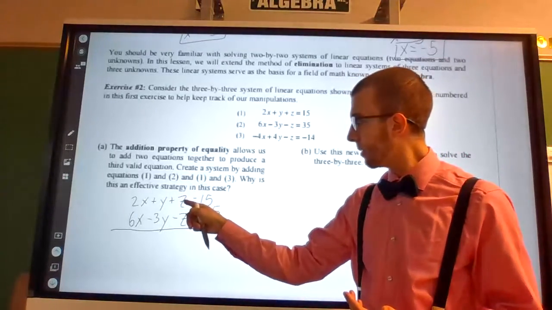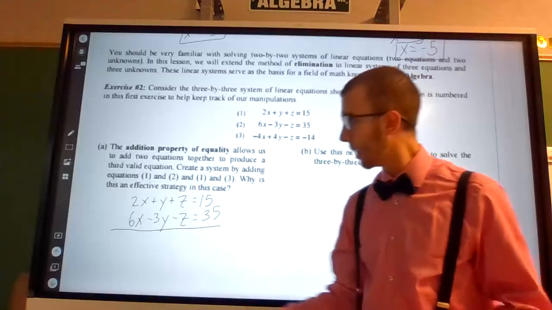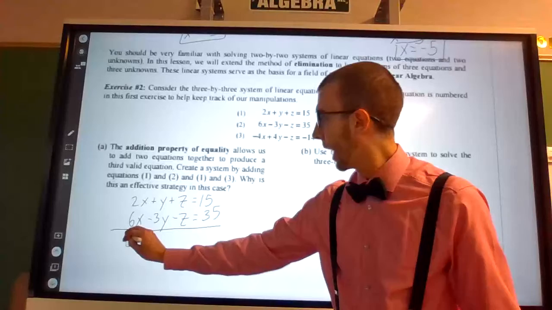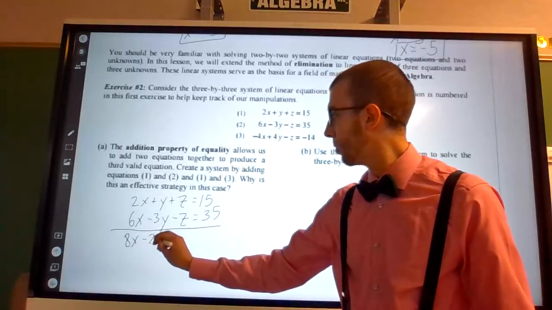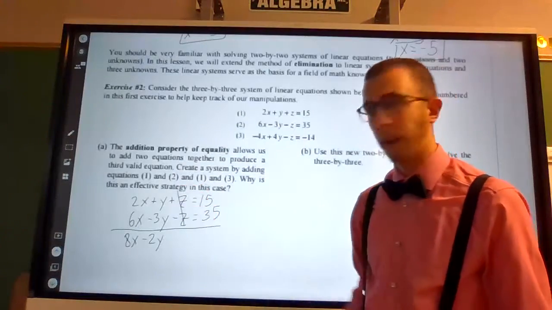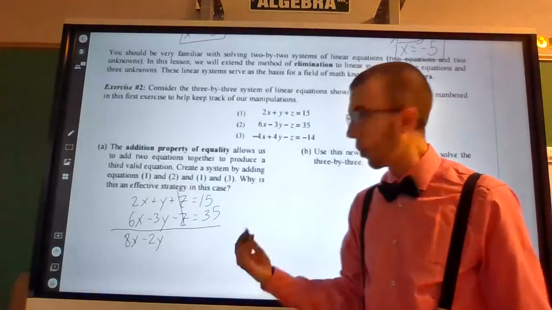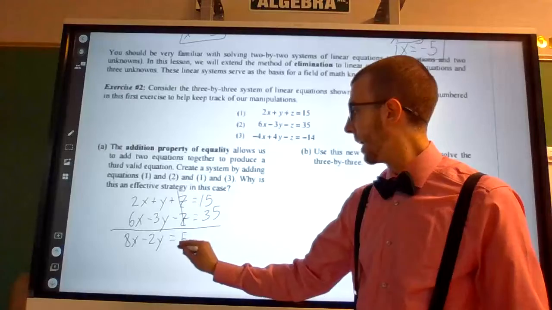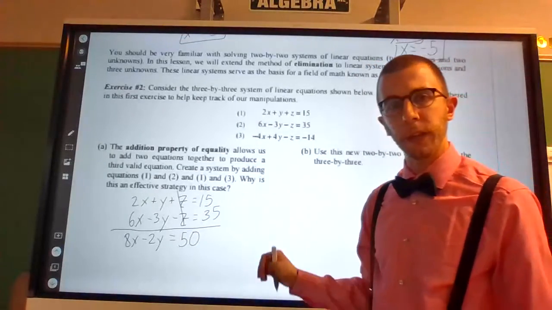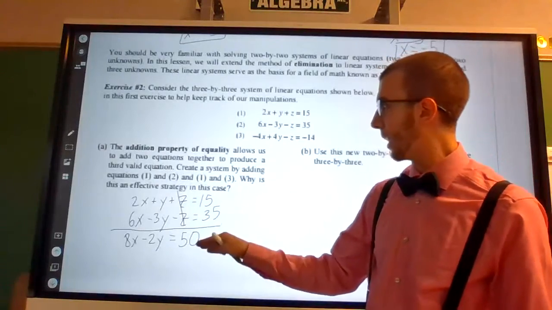We have a positive z and a negative z. So when we add these 2 equations together, we get 8x minus 2y plus 0, because these variables eliminate each other. That's the whole point here. And that equals 50. Okay, we added 2 equations together to get a third valid equation.